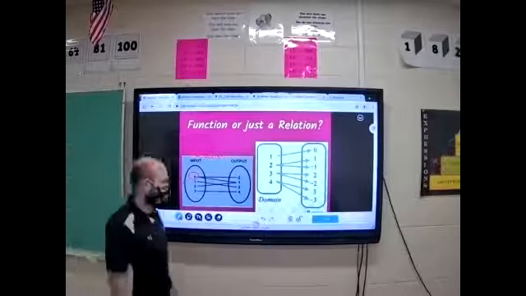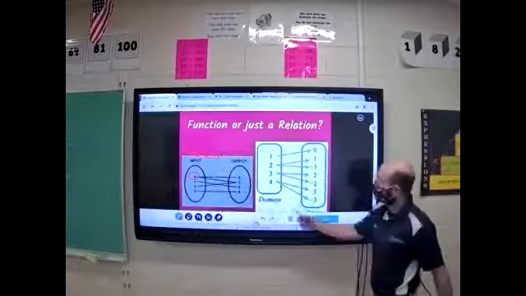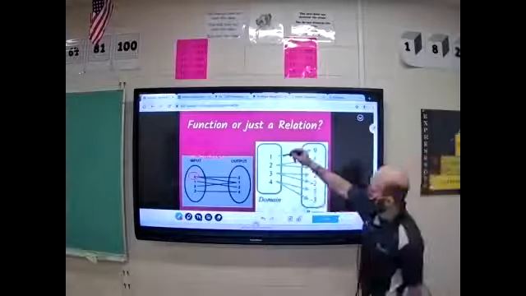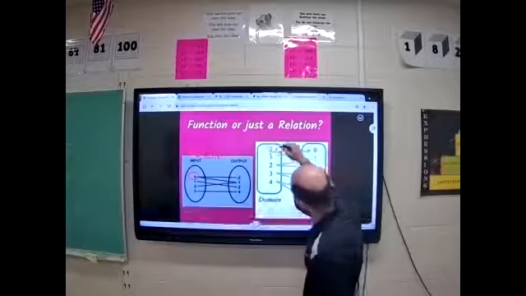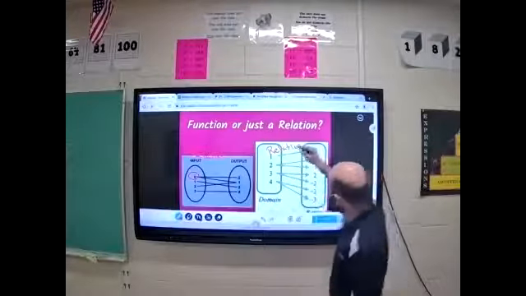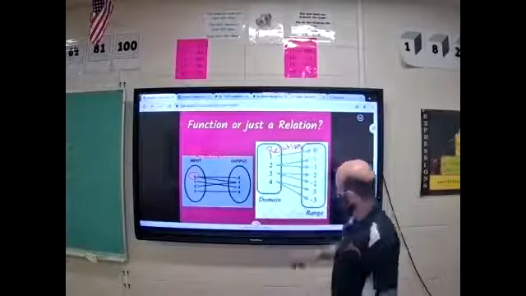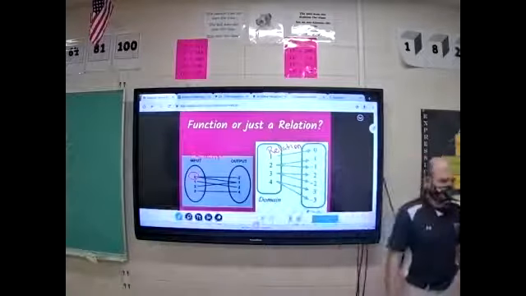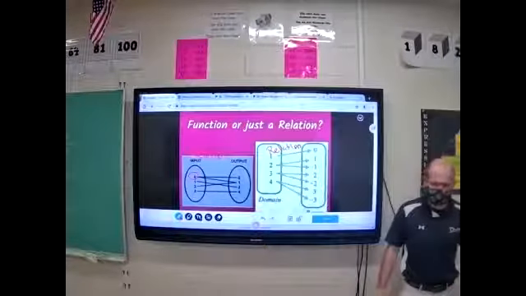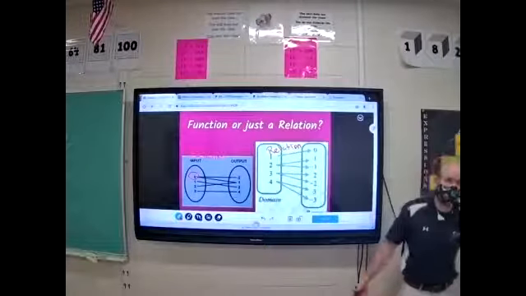This one's going to have issues also. 1 goes to 0, that's okay. 2 is trying to go to 2 different places. Can't do that. It's also a relation. Well, if you guys were expecting me to make one of them a function. All right, function, everything in the domain goes to one place. That makes it functional.